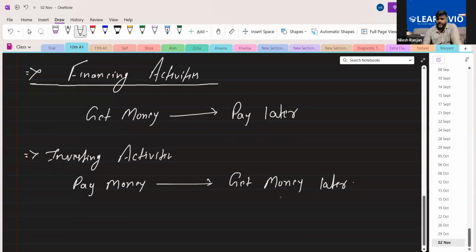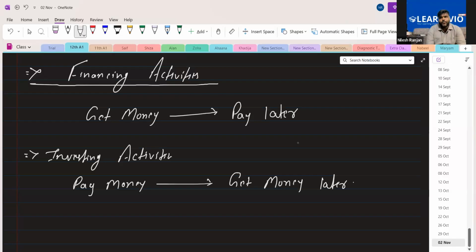Now, understand this. If you purchase any building for capital appreciation or for rental purpose, or if you build a building, in that case you are paying money first, the higher amount, and later you will receive rent as return.